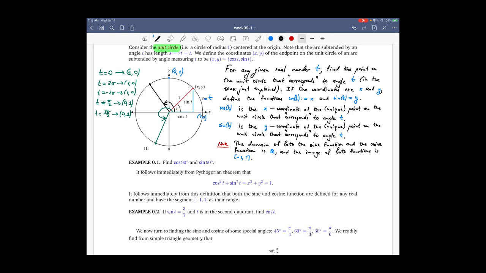Let us now look at an example. What is the sine and cosine of the angle of 90 degrees? To compute this, we draw a unit circle.